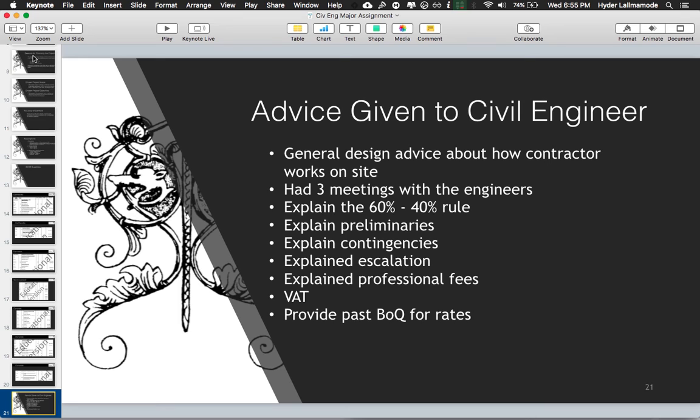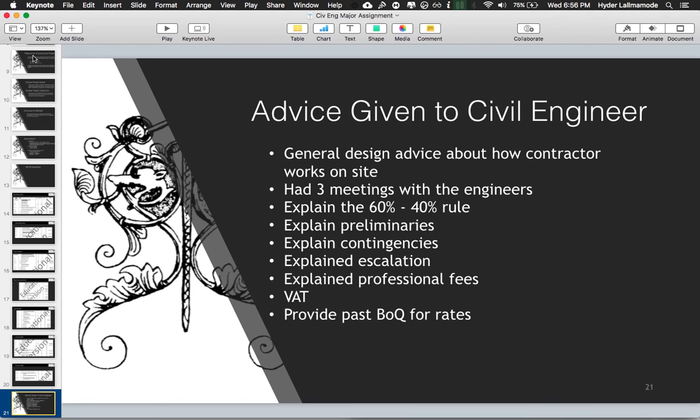During the course of civil engineering SimOffice, Integral Cost Consultants had to give advice to the civil engineers. Besides giving general design advice about how contractors work on site, that is, how they set up the works and preliminaries, we had 3 meetings with the engineers where we had to explain to them the 60% and 40% rule, whereby 60% is the building cost and 40% is additional cost.